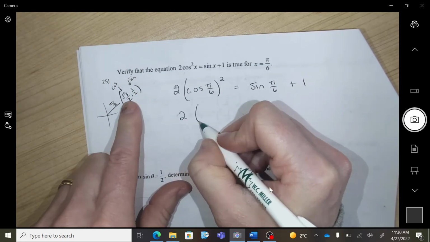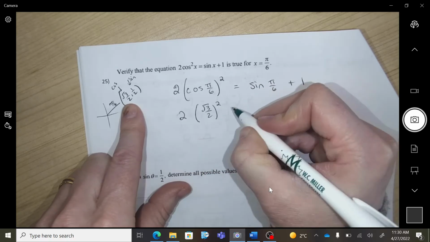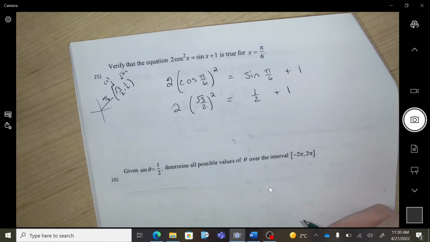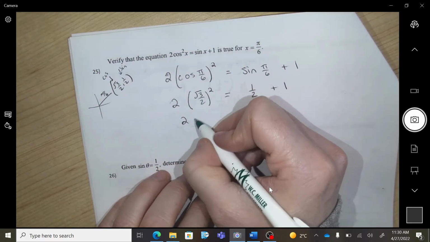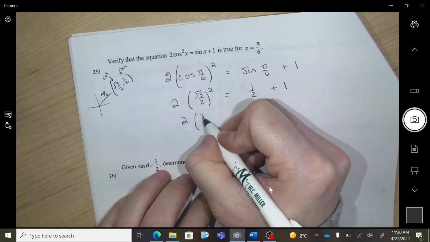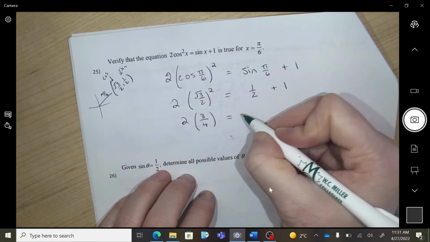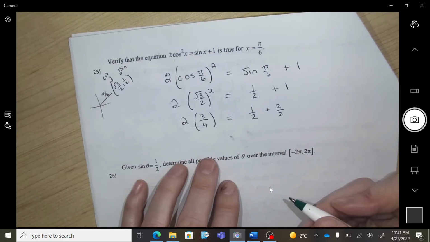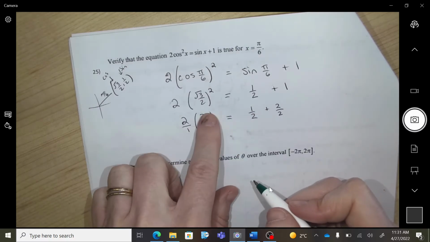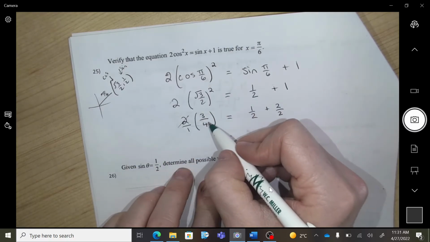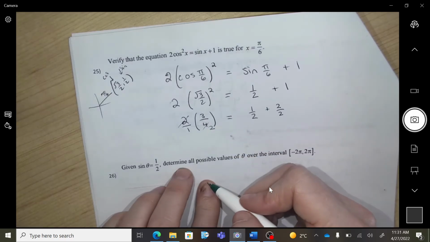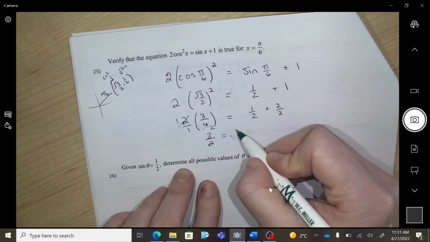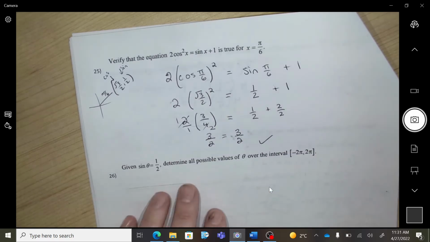So 2 times root 3 over 2 squared, and this would be a 1/2 plus 1. So when I square this, that would make a whole number 3, and that would make a 4. When I add, I'm going to change that to 2 over 2. Okay, so this makes, I'm going to cancel a 2, and so it gets 3 over 2, and this is 3 over 2, and I verified.